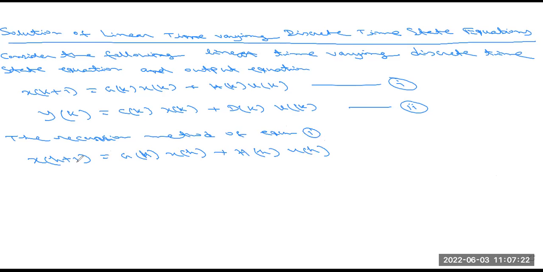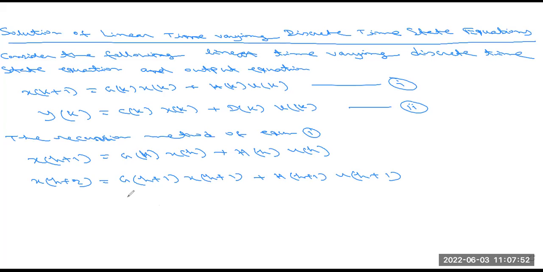This is the first term, h plus 1. Then the next one, h plus 2, and so on. This process continues. So this is g of h plus 1 into x of h plus 1 plus h of h plus 1 u of h plus 1. This is basically the procedure.